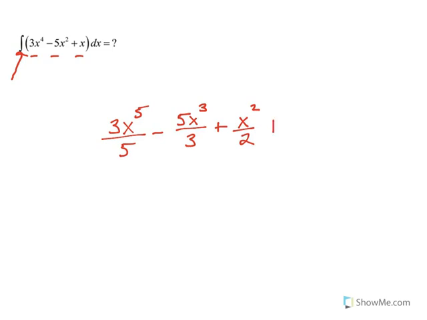And then don't forget your plus c. And there's your antiderivative, and a common notation to represent that you have an antiderivative is to call it capital F of x. So the capital F of x in calculus is often representing the antiderivative of something.